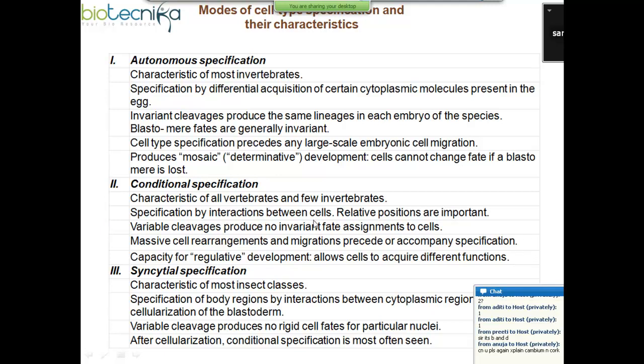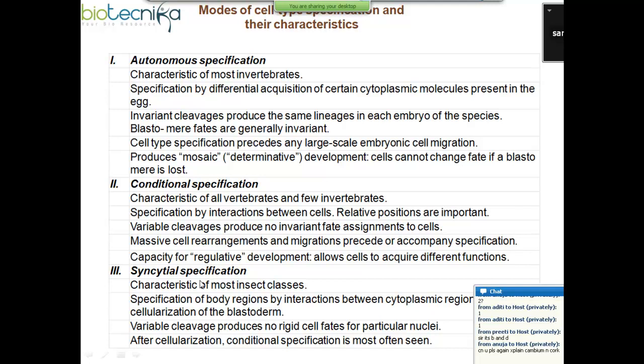A very good example is Pax6. Pax6 will be active only in the presence of the ectoderm. Nowhere else will it be involved. If Pax6 is not there, no sensory organ. So it is totally conditional. Then variable cleavage produces no invariant fate assignment. Everything will be under control. Massive cell rearrangement will take place, and then regulative development, step by step, during conditional specification.